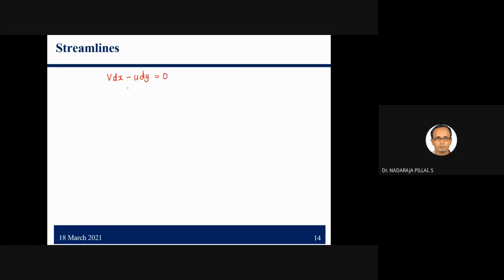So one can write this equation as dy by dx equal to V by U. So this is the differential equation for a streamline in the 2D case, right?